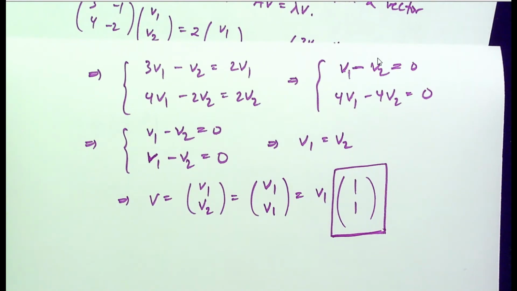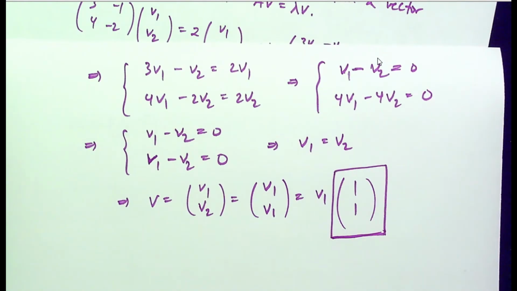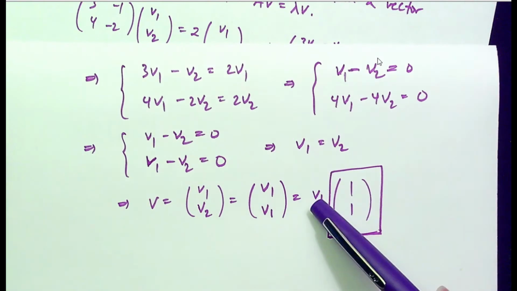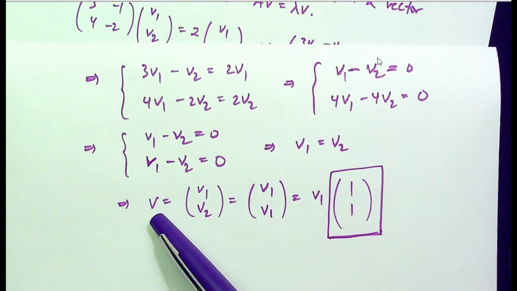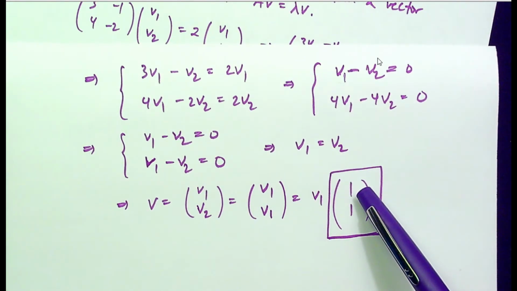You can use any eigenvector that is a multiple of that as your answer. So you can use 2, 2 or 3, 3, but that is the basic one. And from this one, you can get any other eigenvector by just multiplying by a random constant, which in this case is v1. So all the eigenvectors are of this form where v1 is random.